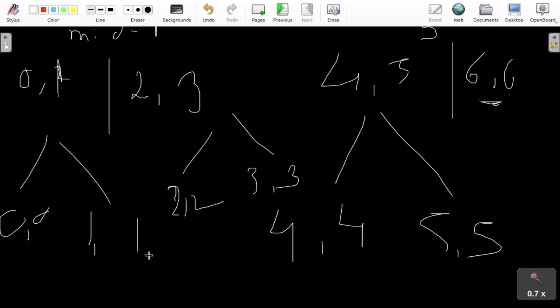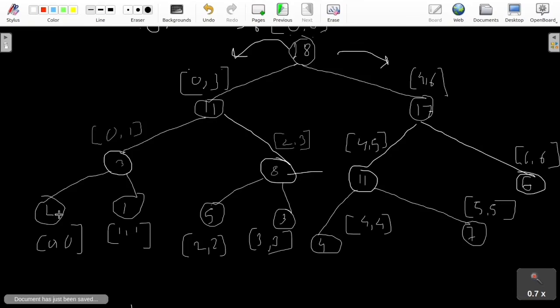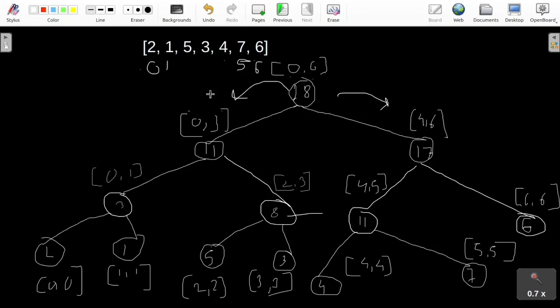Once your L and R become same, just stop there and put the values at that particular index from the array inside the node. Like at 0 we have 2, at 1 we have 1, at 2 we have 5, at 3 we have 3, at 4 we have 4, at 5 we have 7, and at 6 we have 6.